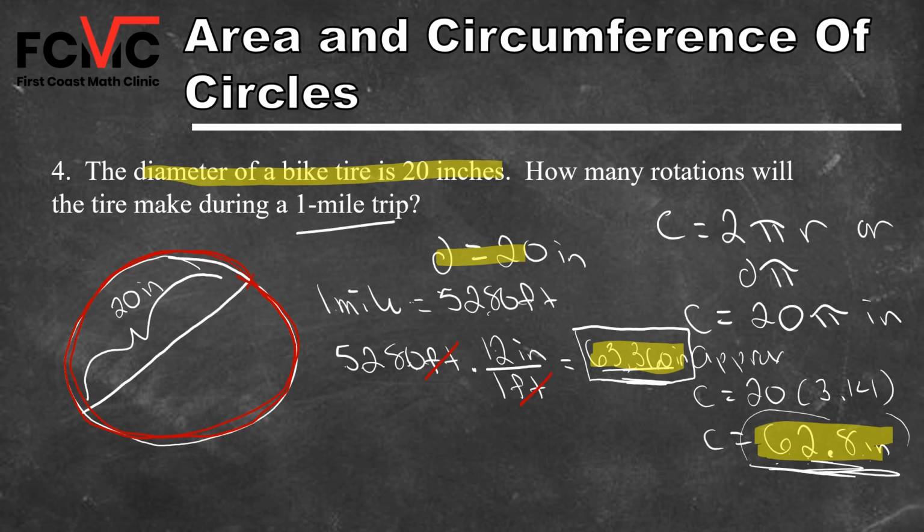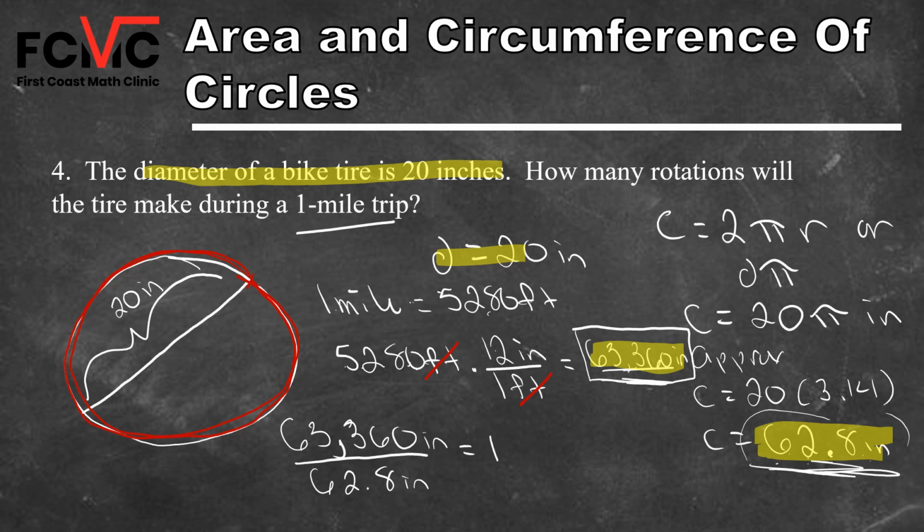So let's divide our 63,360 inches by 62.8 inches. And I'm going to round that to the nearest tenth.